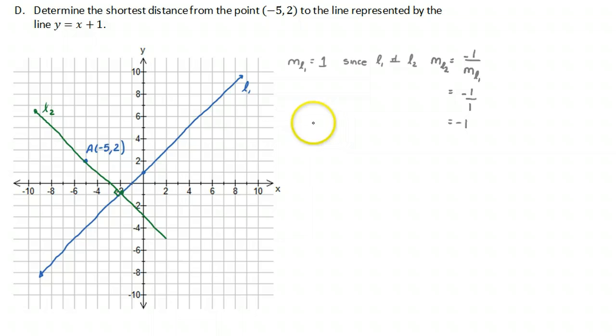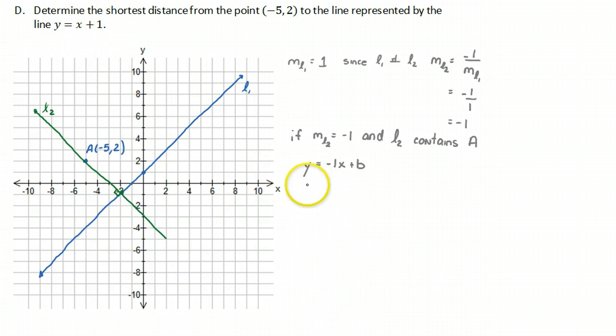Okay? So if the slope of L2 is equal to negative 1 and line 2 contains the point A, we can then say y is equal to negative 1 x plus b, and then we're going to sub in A into here, so 2 is equal to negative 1 times negative 5 plus b, so 2 is equal to 5 plus b, b is equal to negative 3.